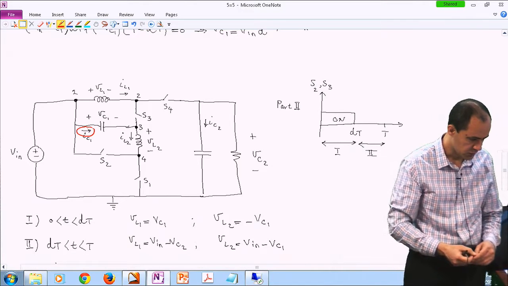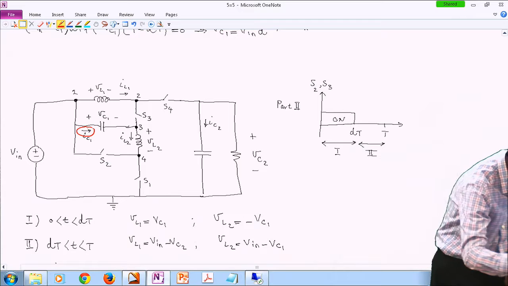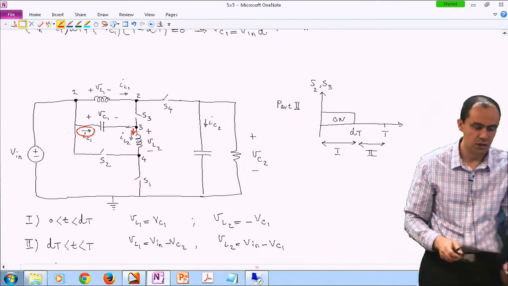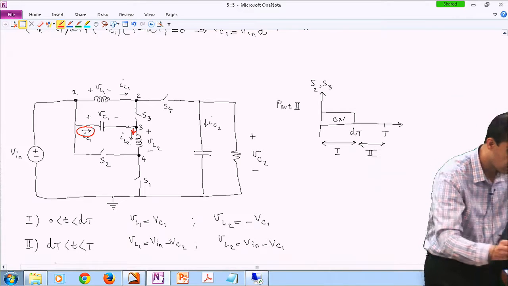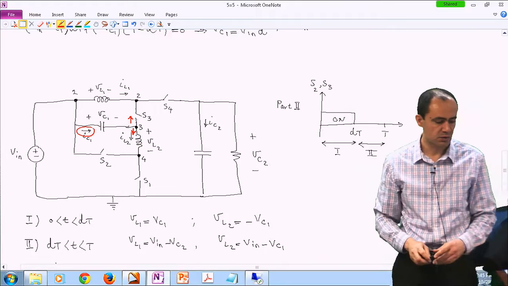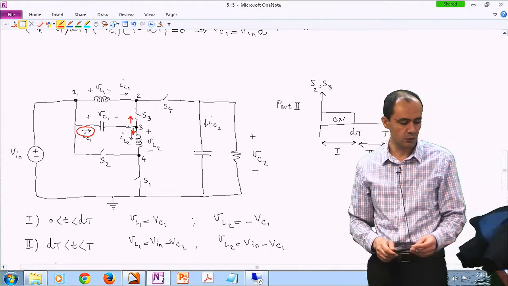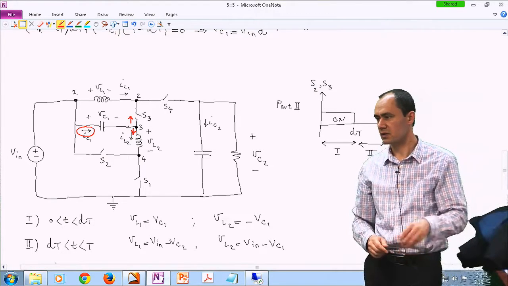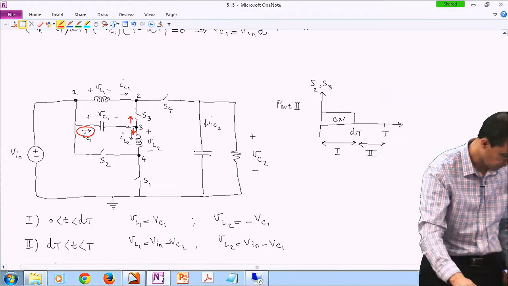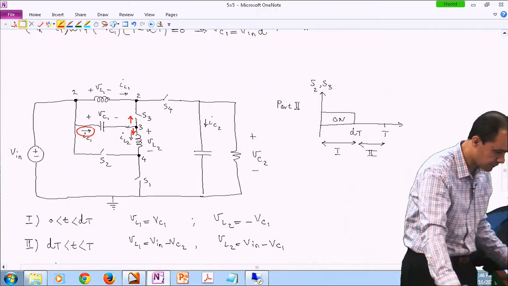Okay. So this is basically this current, which is IL2 plus this current. And this current is nothing but negative of IL1 times S3. So if S3 is on, basically it is equal to the opposite of IL1. So let me write it down there.